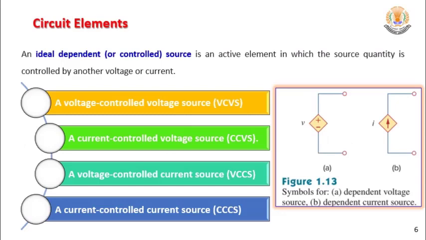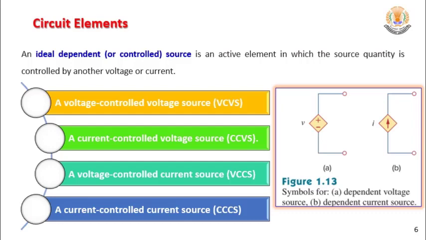We have other elements of sources. These sources are also ideal, but called dependent or controlled sources. We agreed you have current source and voltage source, and these dependent sources can be controlled by voltage or current. So each source can be controlled by voltage or current.